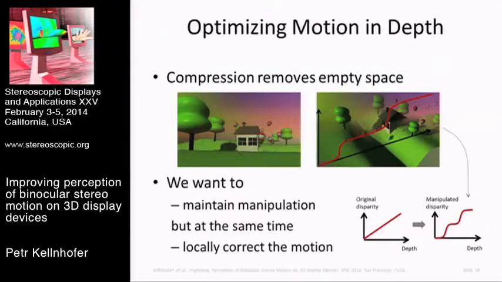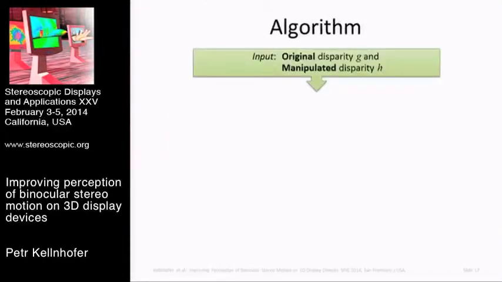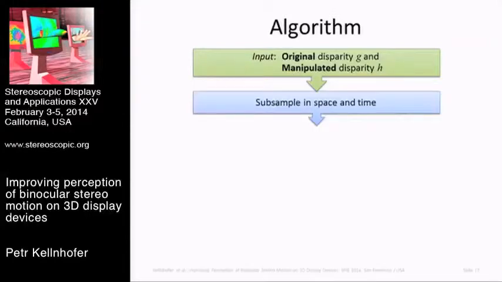So what we want to do is maintain the manipulation done by the other method, because that was done to get into the comfort zone, but we want to locally restore the motion. How we do it: we take the original disparity and the manipulated disparity given by some arbitrary method, and then we subsample in space and time in order to cover a larger part of the trajectory.